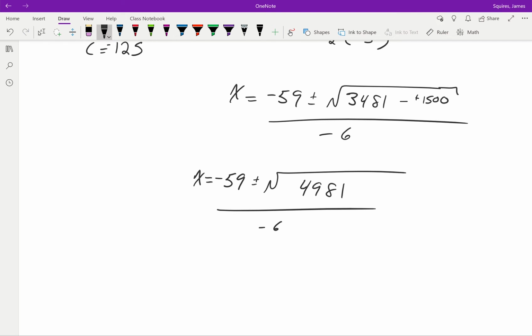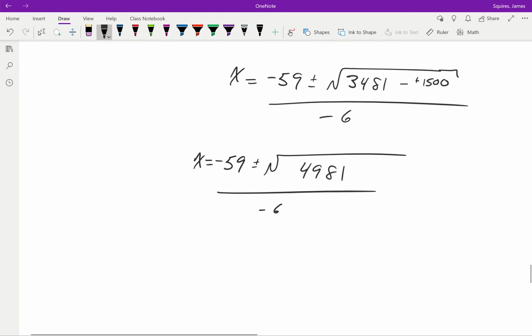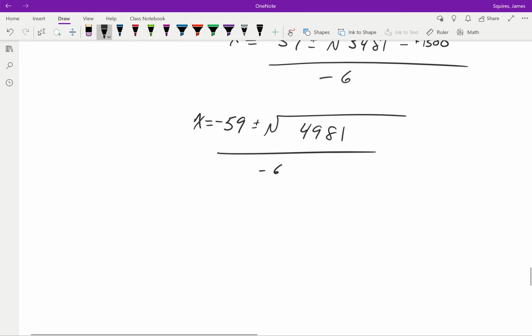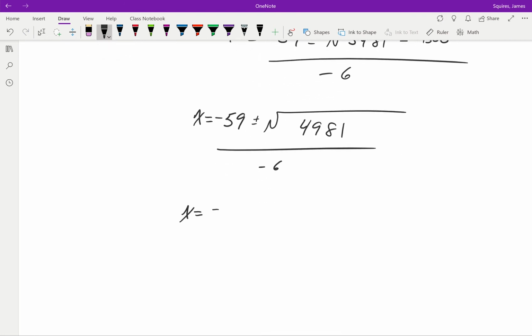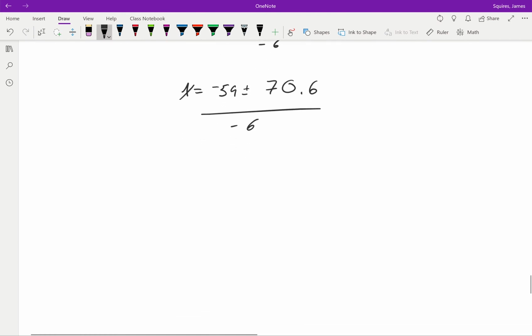If we take the square root of 4,981, we're going to get x equals minus 59 plus or minus 70.6 roughly, divided by minus 6. Now we've got to do both versions, so we're going to do the positive one first: minus 59 plus 70.6, all divided by minus 6.